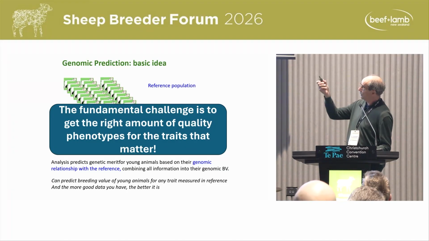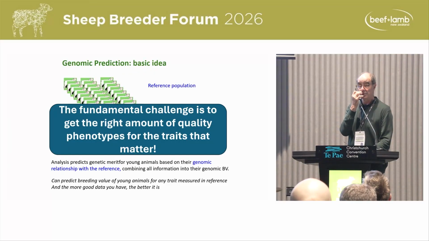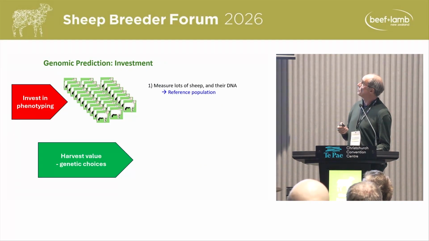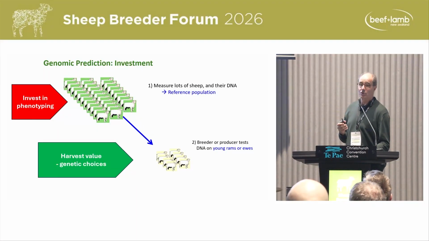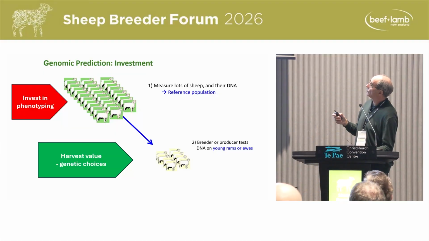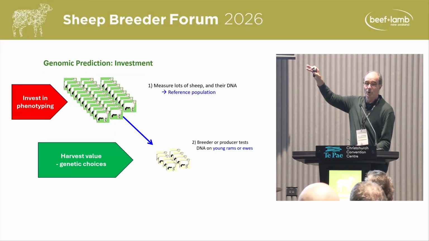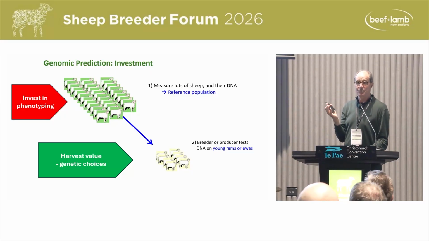But the fundamental challenge for genomic selection is getting the right amount of quality phenotypes for the things that matter to us. Just a reminder, the genomic selection model is pretty simple, really. Up the top there with the green sheep, we've got the animals that we're measuring the phenotypes we're interested in, and we're reading their DNA, and they establish basically a reference library for us.